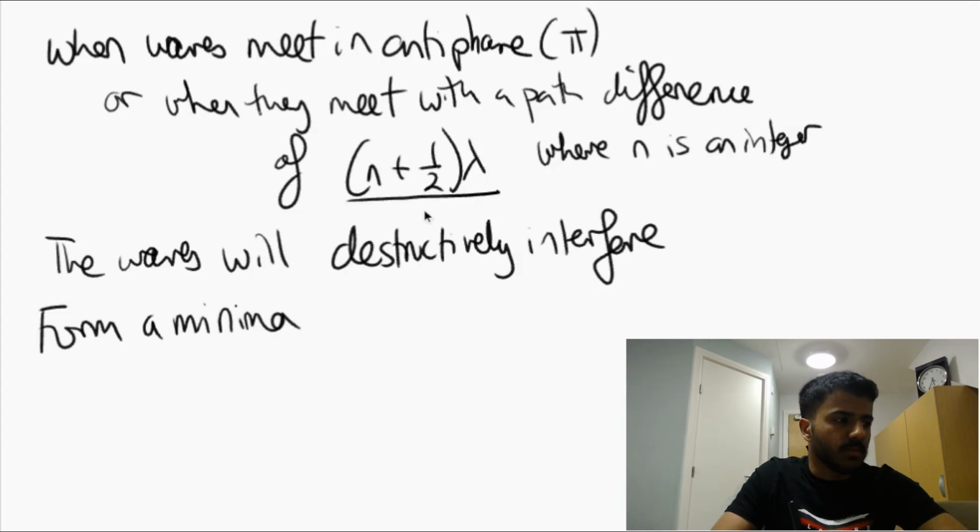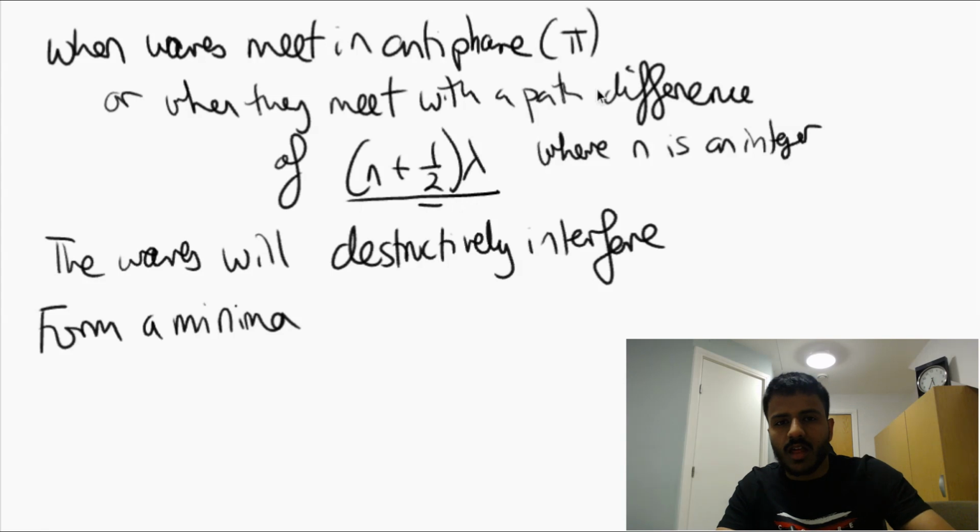Now this formula here might look confusing, but all that it is saying is that every half lambda there is going to be destructive interference. So when the path difference is a half lambda or 1.5 lambda, 2.5, 3.5, 4.5, and so on, they will destructively interfere.